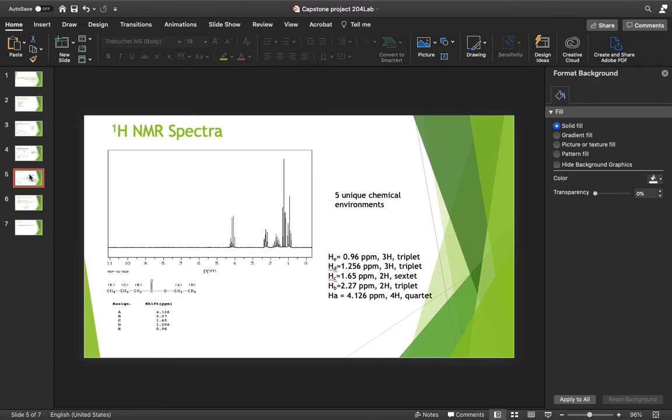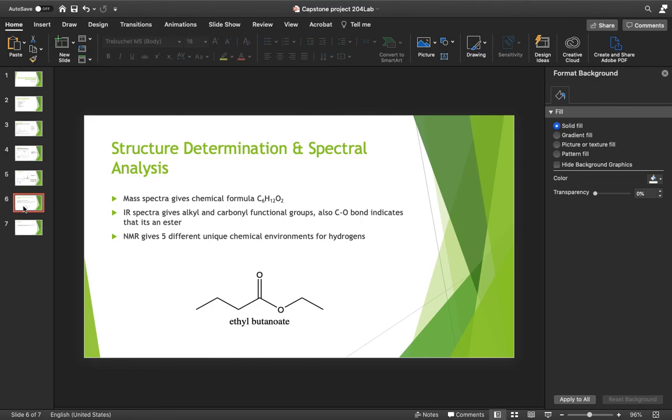So we see an ethyl group bonded on the other side of the ester group, giving us the entire structure of the molecule ethyl butanoate. Again, this is a pretty difficult spectrum to analyze, but we did it.